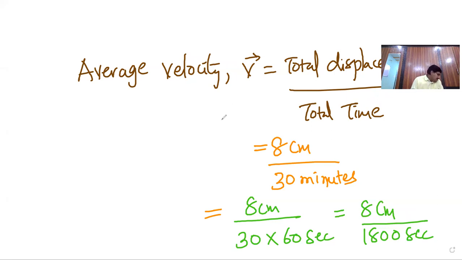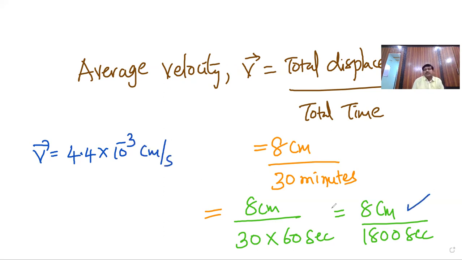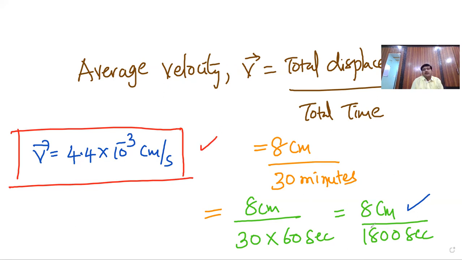Clear? Finally, it becomes average velocity V bar is 4.4 into 10 to the power of -3 centimeter per second on simplification.